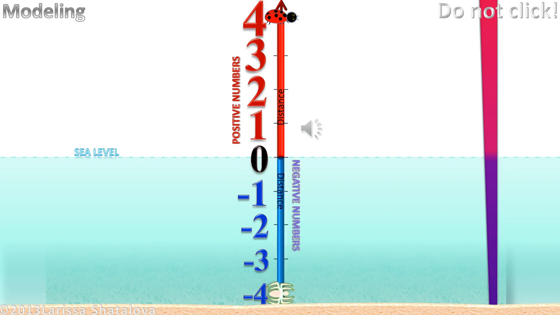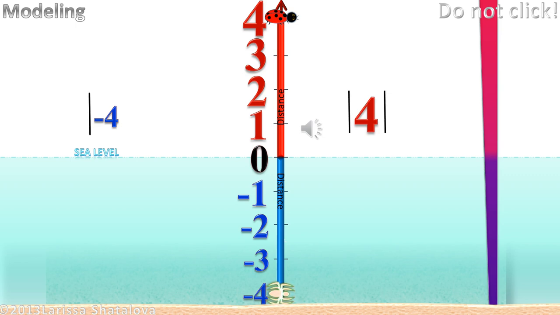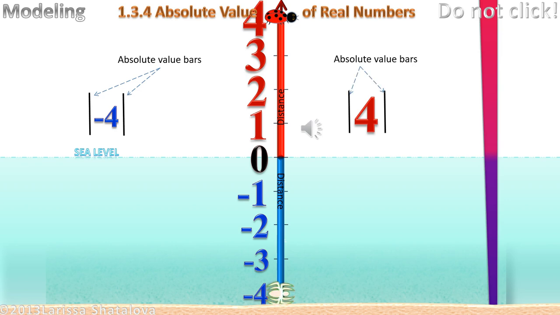So distance does not use negative values. So to emphasize that we are talking about distance, we have to use absolute value bars, vertical bars around the number. Whatever is coming out of absolute value will always be positive, because we are talking about distance.